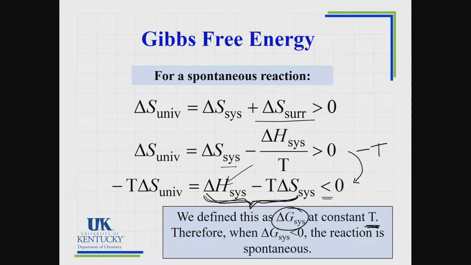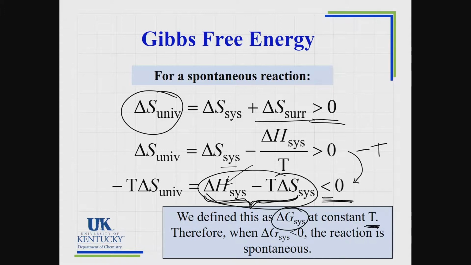So if it was true that the delta S of the universe is greater than 0, it was spontaneous. This tells me that as long as the delta G of the system, which is this portion right here, is less than 0, then it is going to be spontaneous.